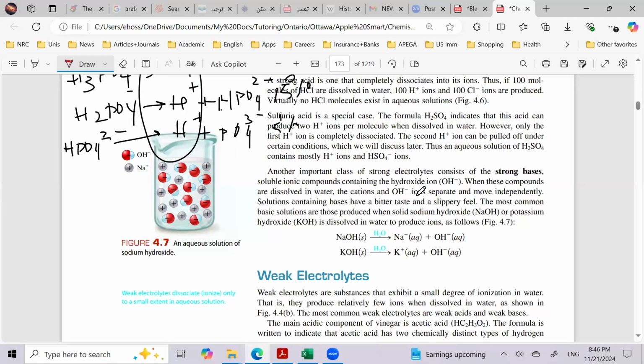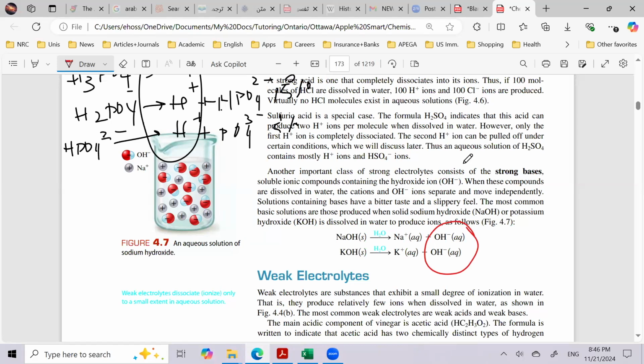This is the definition of acids by Arrhenius. Remember, guys, we're right now talking about Svante Arrhenius's theory, what he said about acids and how he defined acids and bases. Arrhenius said anything that releases hydrogen in water is called an acid, and anything that releases hydroxide in water is called a base.